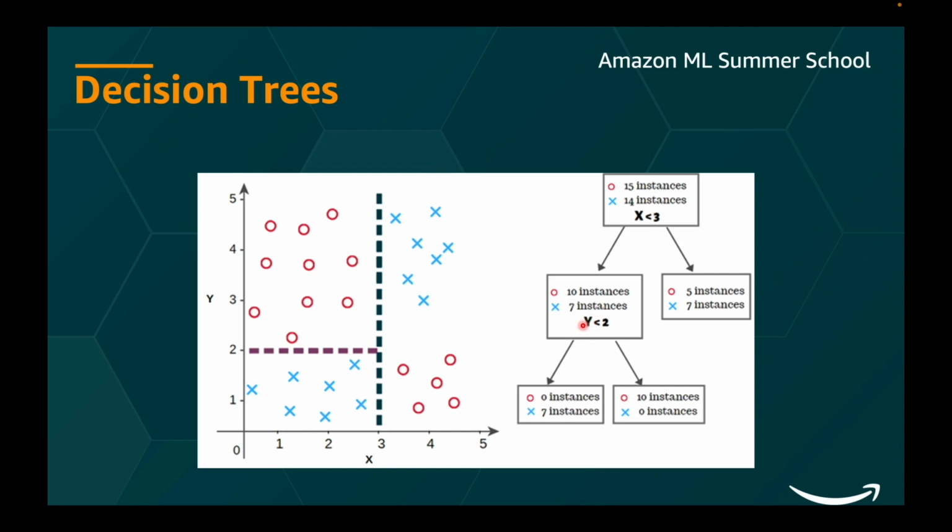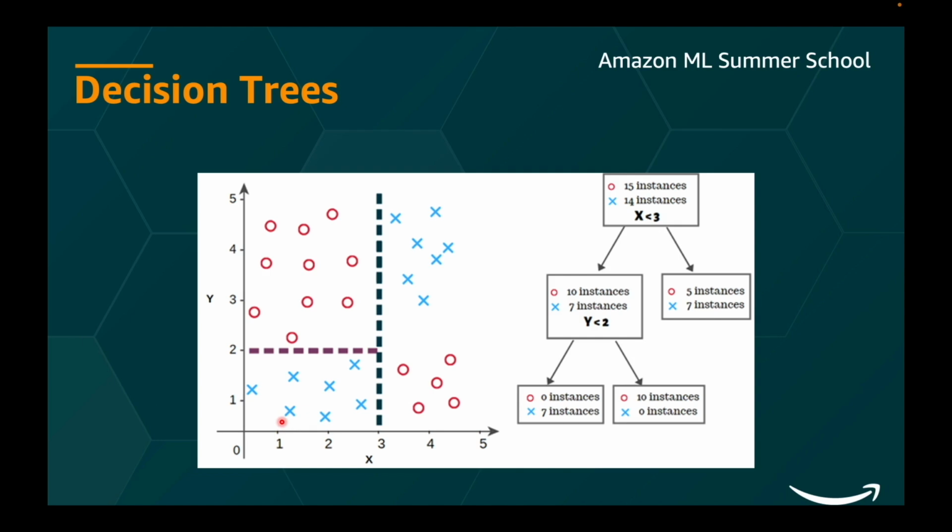So y less than 2, that means this is one other partition that's come up, even within the partition of x less than 3. So now this part has been partitioned. And so you can see over here, when y is less than 2, it's done a perfect split of this data. All of the red points are on this side, and all of the blue crosses are on this side.